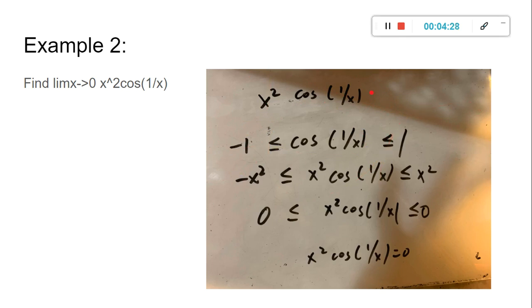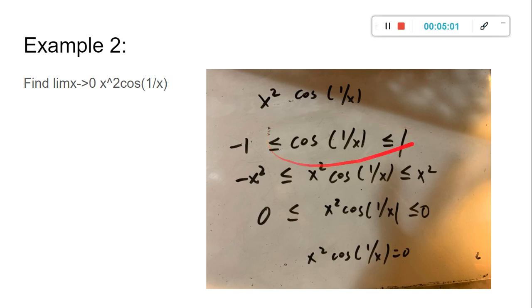How are we able to determine it? Because remember cos z, where z is any value, cos z will always be between -1 and 1. Because cos is similar to sine, at cos 0 it reaches its maximum point, which is 1. At cos 180, it reaches its smallest point, which is -1.